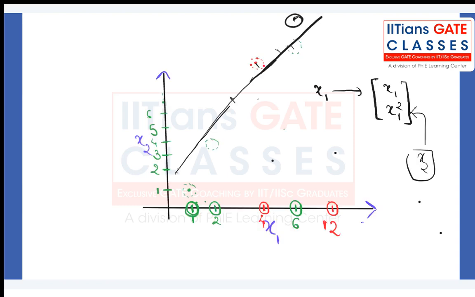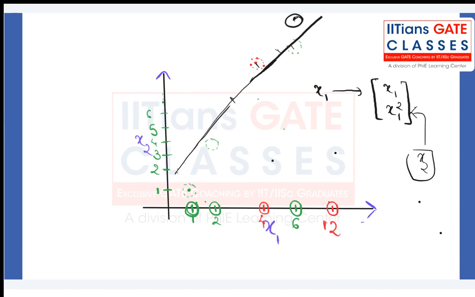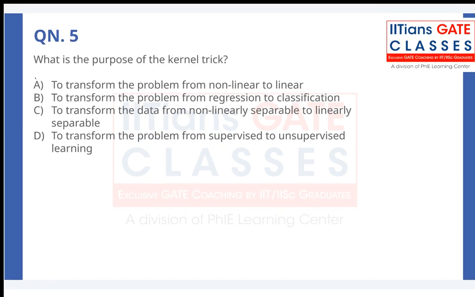I'm back. So, the first option says, what is the purpose to transform the problem from non-linear to linear? You are actually doing the reverse. It was linear, you made it non-linear now, or maybe you're trying to fit it in a higher dimensional space such that you get a linearly separable hyperplane. So option A is absolutely incorrect.